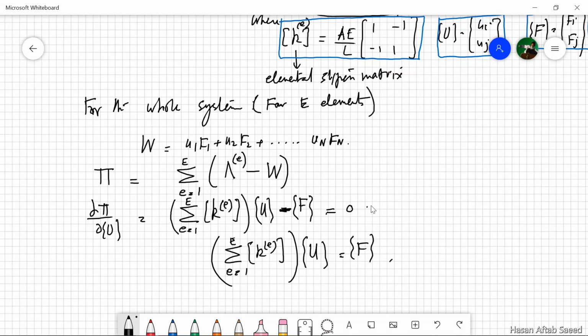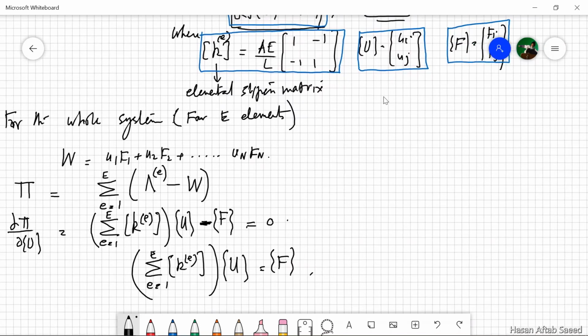So in this case, this was the element displacement vector. This case, the element force vector.